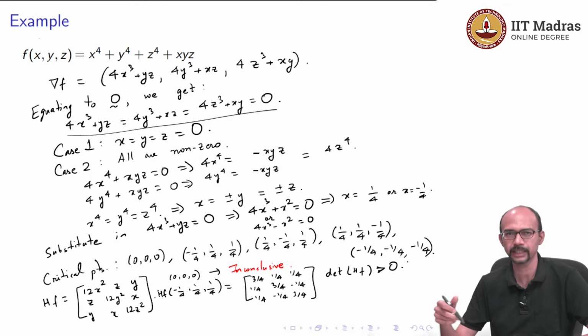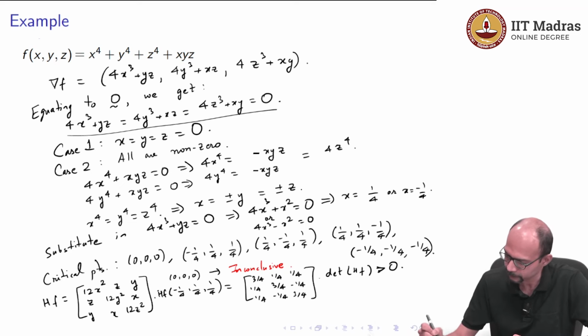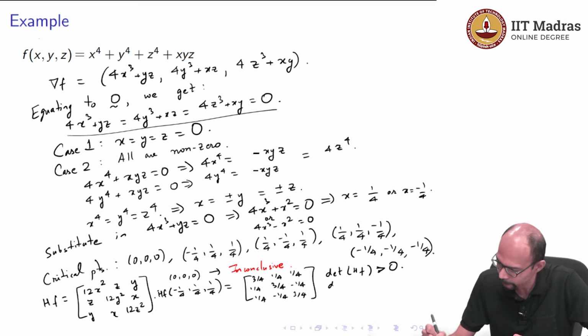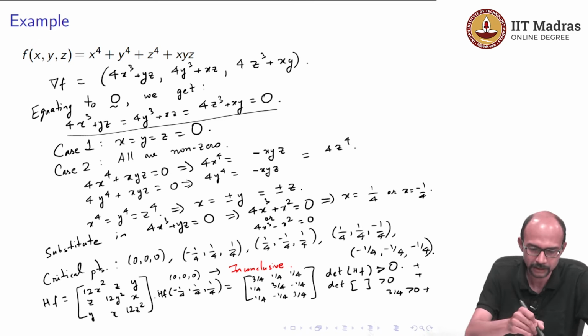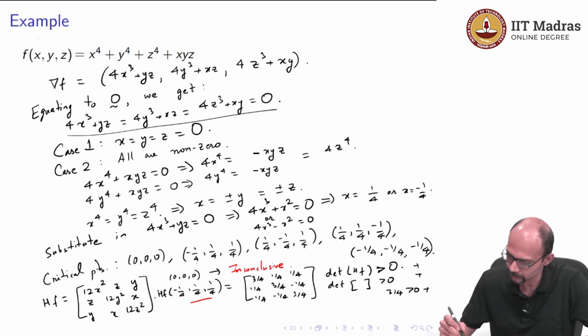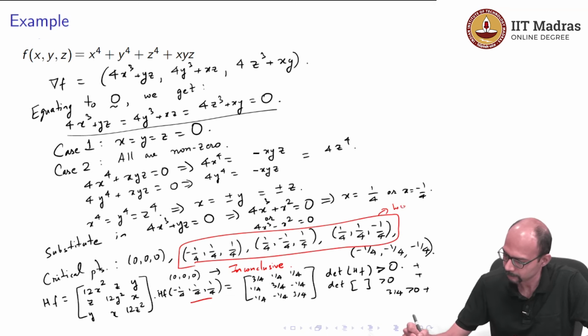You can see that is the case because on the diagonal the terms are rather large. So, this is positive, and then for the 2 by 2 again this is positive, and the 1 by 1 is again positive. So, this is a plus plus plus situation, that means all these three are local minima, right.